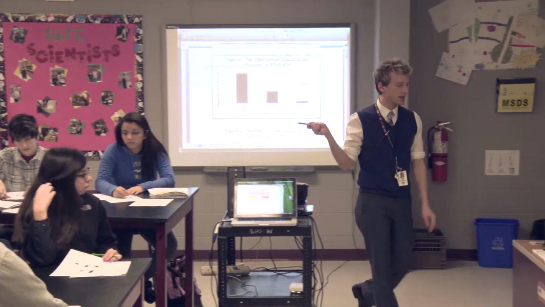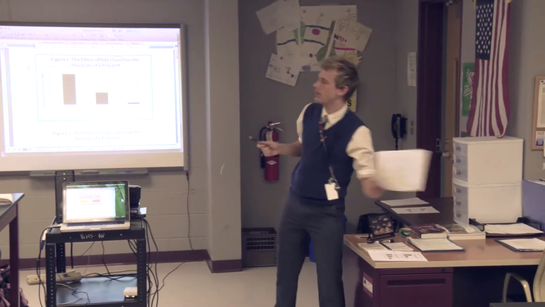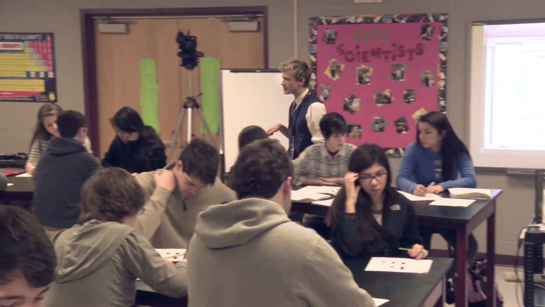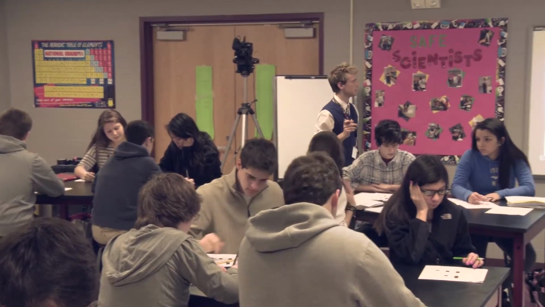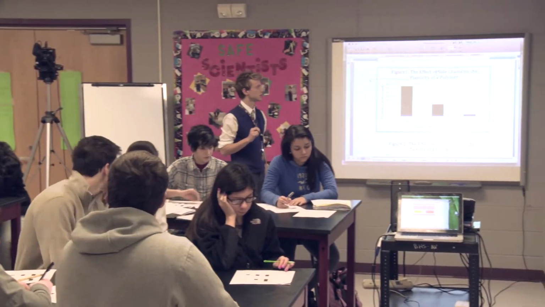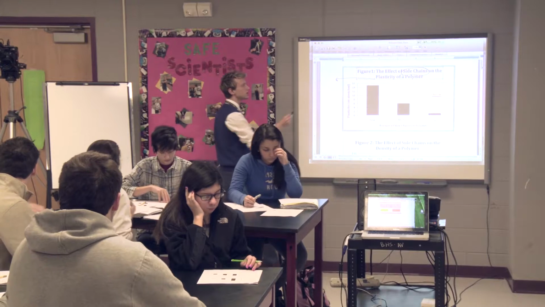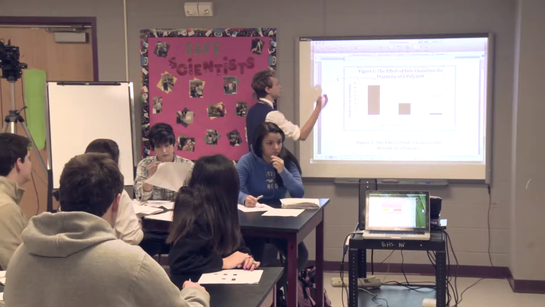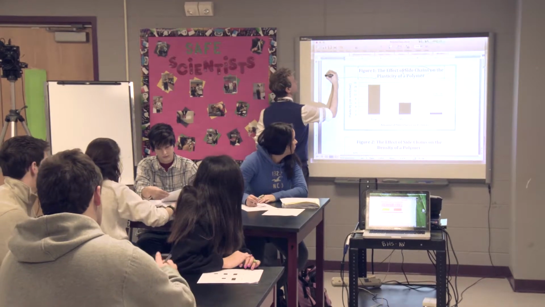So your group that tested plasticity, I know I keep picking on you. Nick, do you have the definition for plasticity? Yes. Give it to us. The measure of the ability of an object to be molded or shaped without breaking. All right, so guys, let's write that definition on the side here. So let's define plasticity.